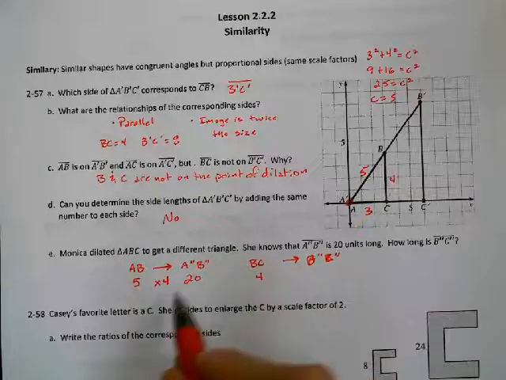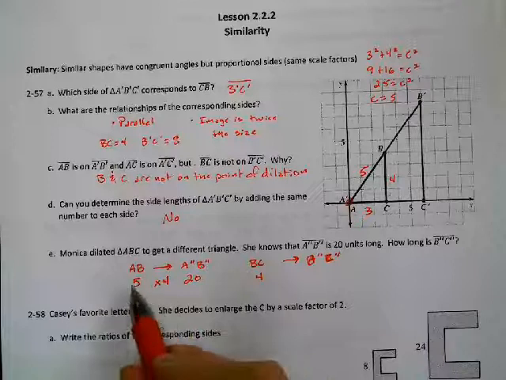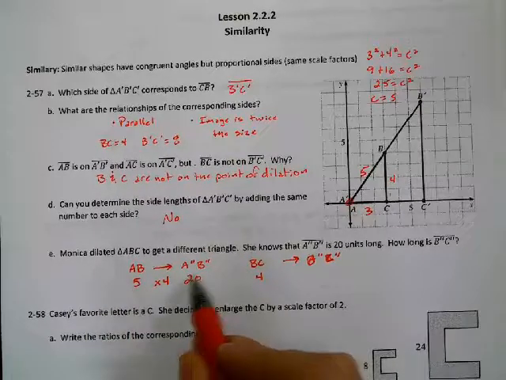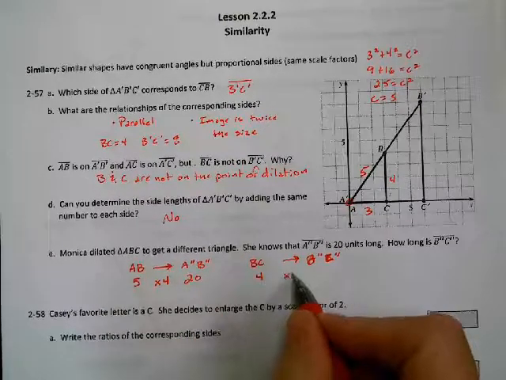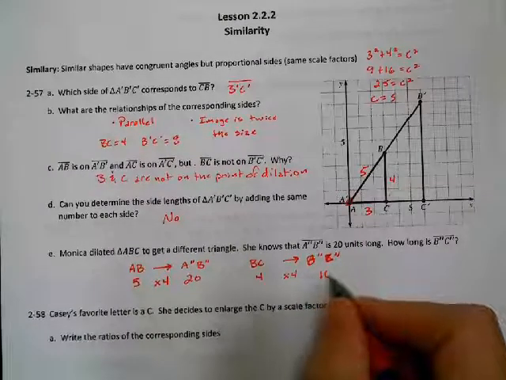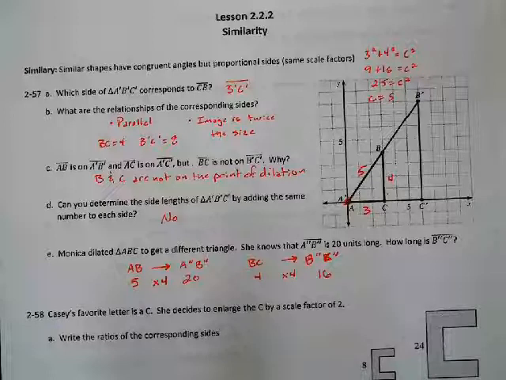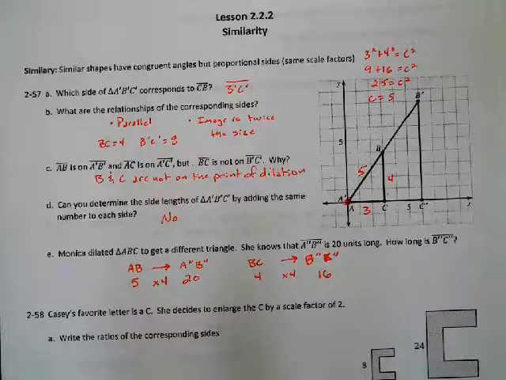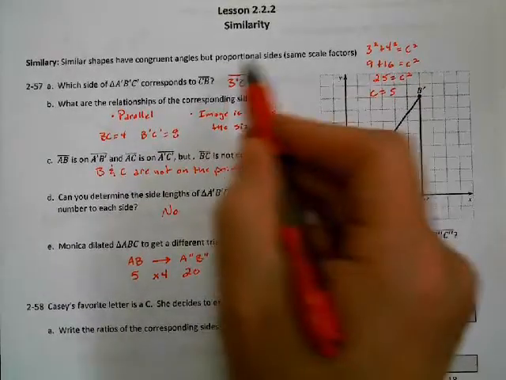Anyways, we see here that we were multiplying by 4 to get 20. So we should multiply by 4 here and find out that B prime prime C prime prime is 16. Because it has the same scale factor. It's a scale factor of 4. That's what it means when we say that we have proportional sides.